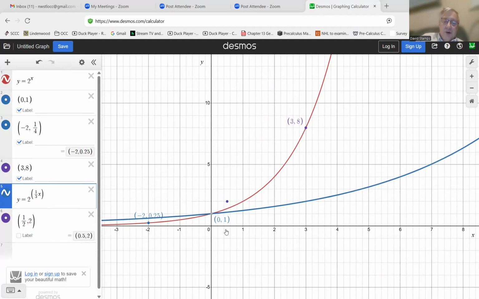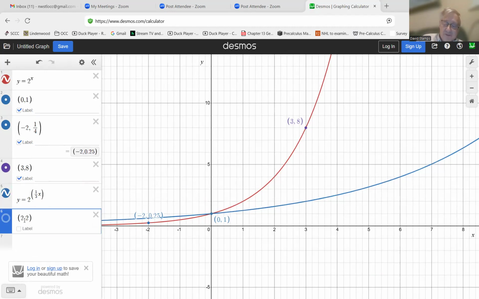So we originally had the point, let's get rid of this. The original point on this graph when x is 1, y is 2. As a matter of fact, let me label that point. This is the original red graph. There's 1, 2 right there.